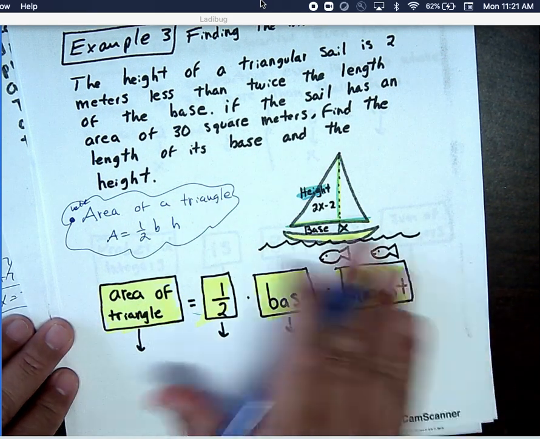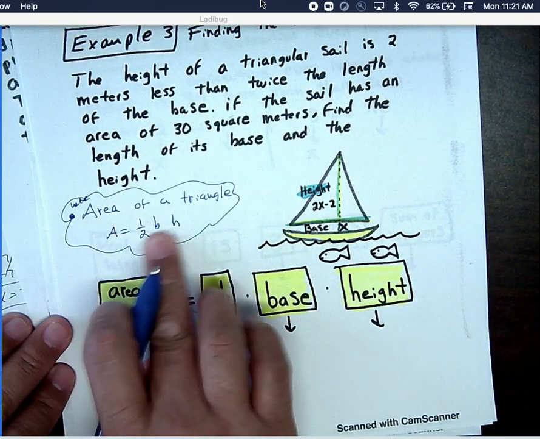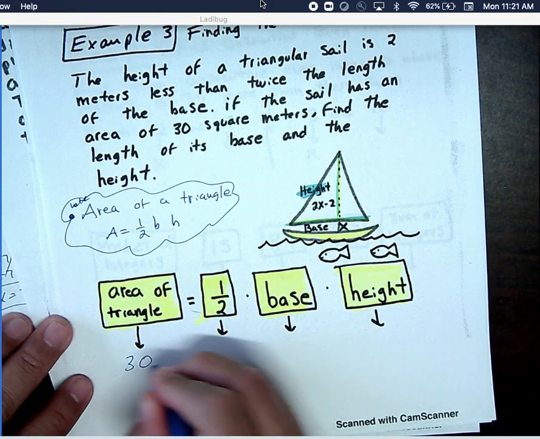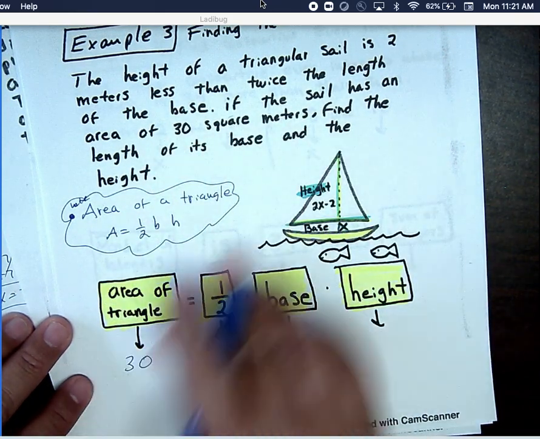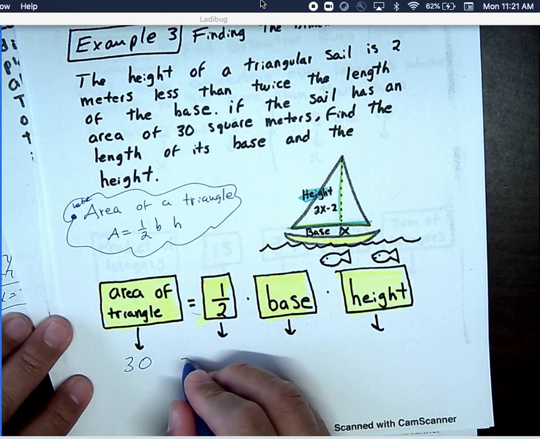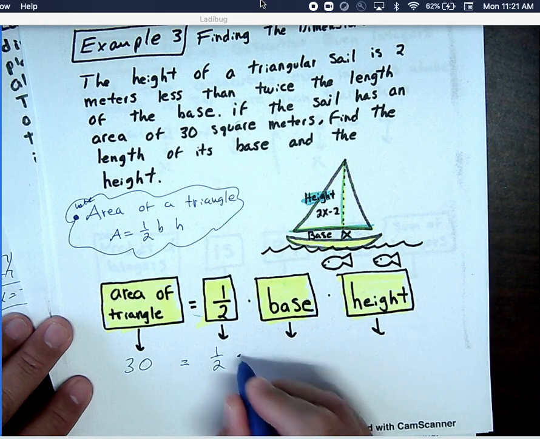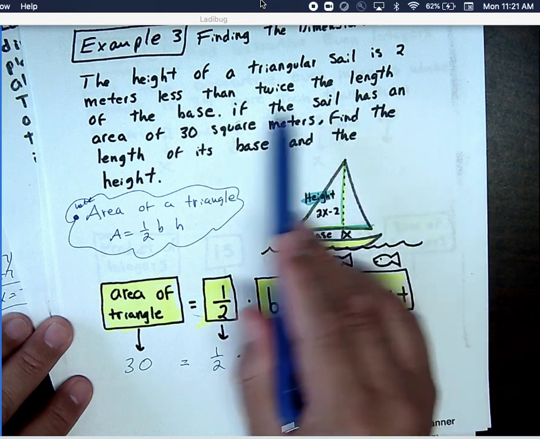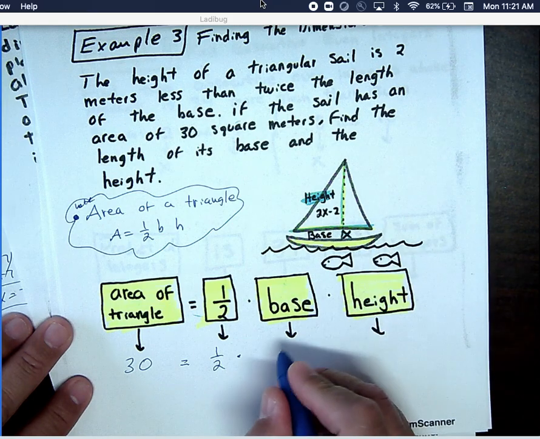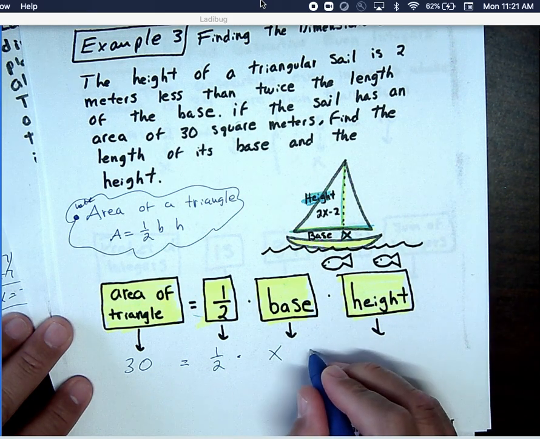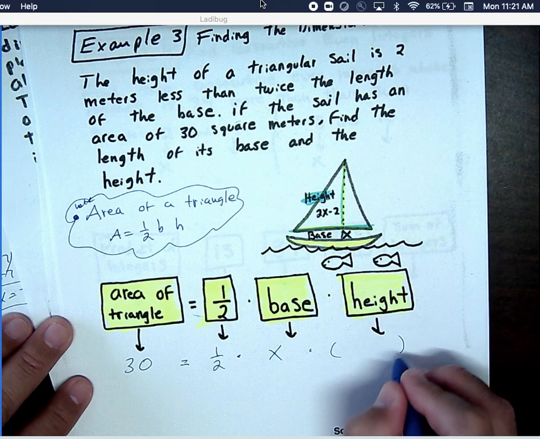So this is how you set it up. The area of a triangle formula would be 30 square meters. I'm not going to write the units for now. The formula has 1/2 times the base. The base is just x, so times x, times the height. The height has more things.